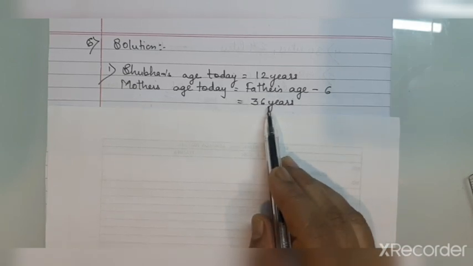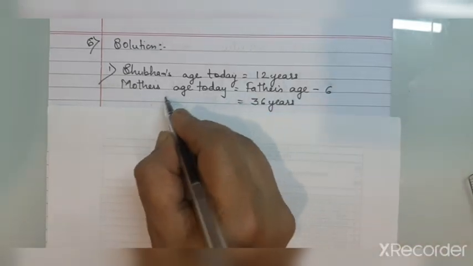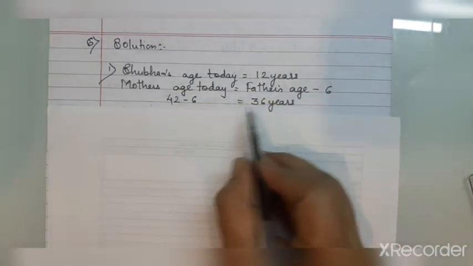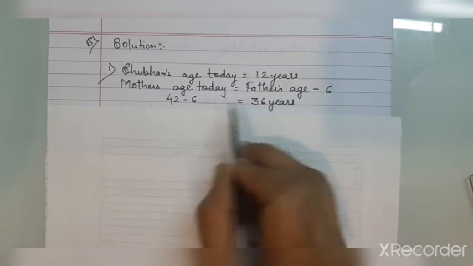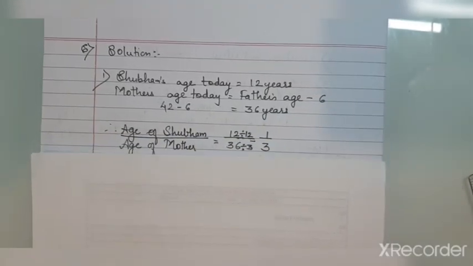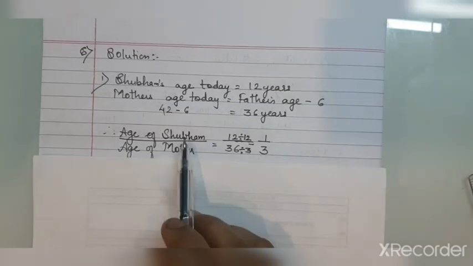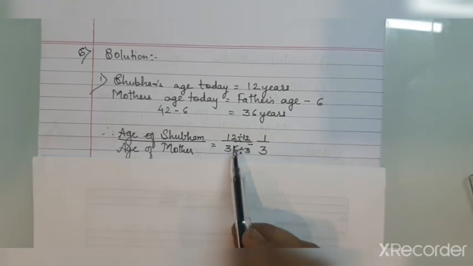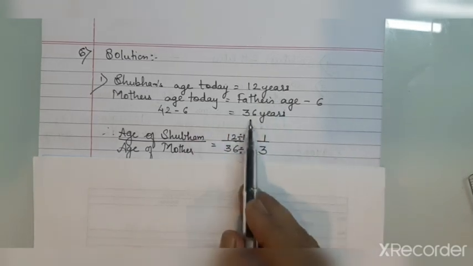So we get 36 because 42 minus 6 will give you 36 years. So mother's today's age is 36 years. Now we have to take the ratio of Shubham's age and mother's age today. So 12 upon 36.